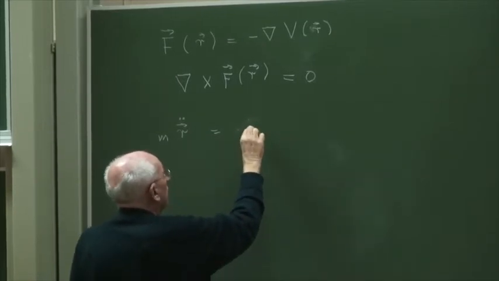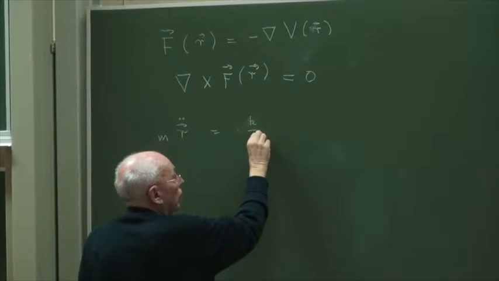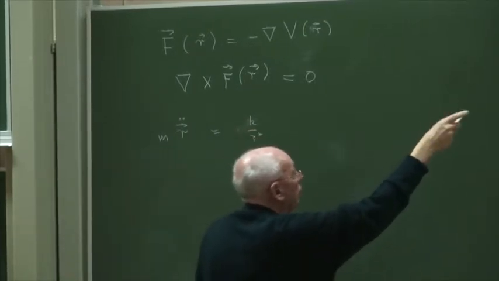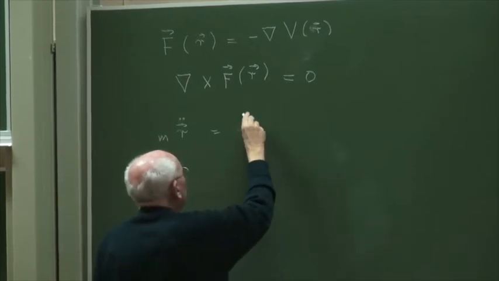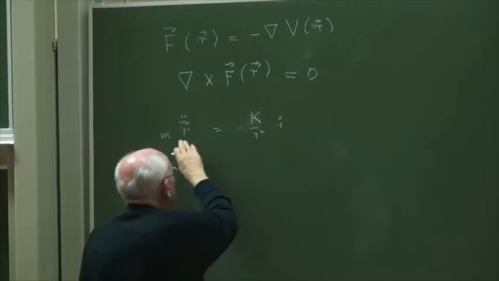And the force here is k over r squared. I'm taking the minus into the k, I make it the capital K, and then in this direction. So this is a vector sum. So this I can solve in many ways.